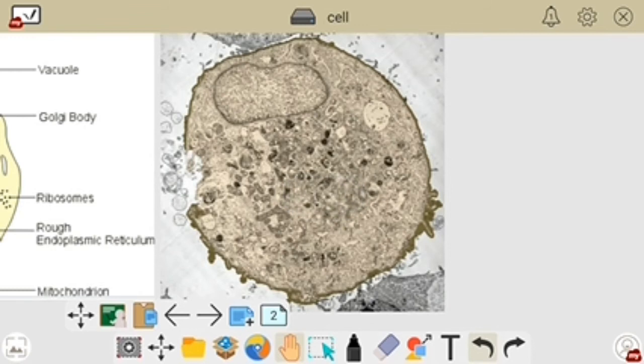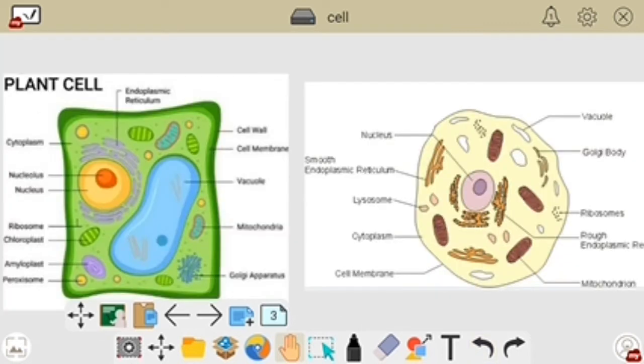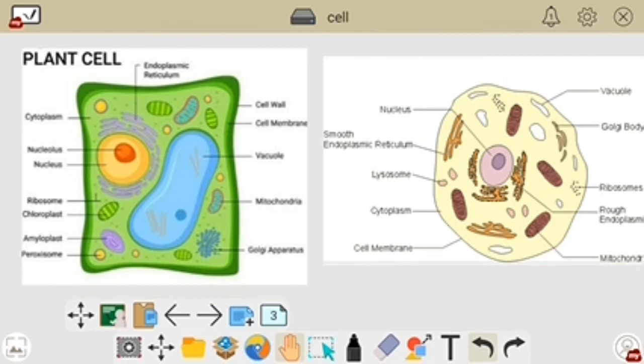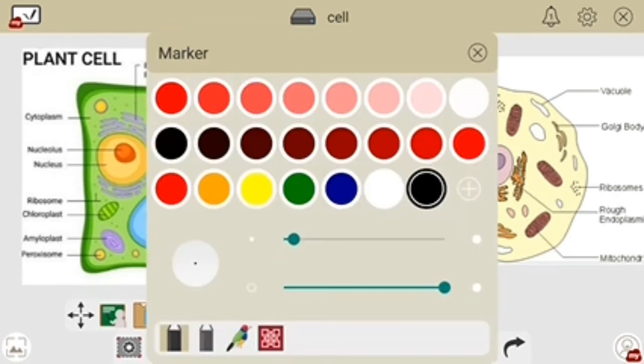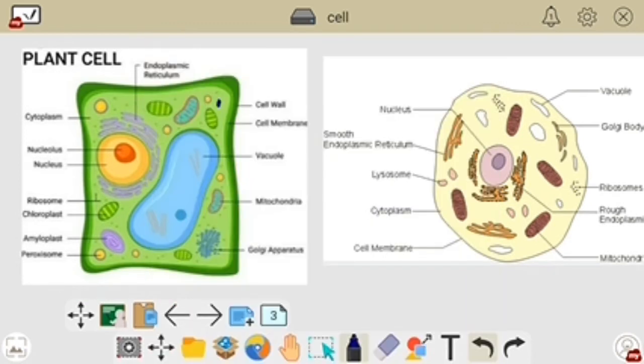Now we are going to discuss about the structure of cell. As you know, the cell is fulfilled with a cytoplasm, right?